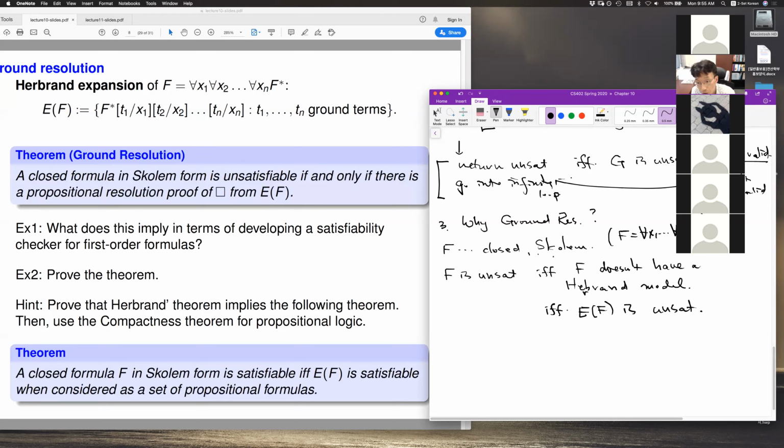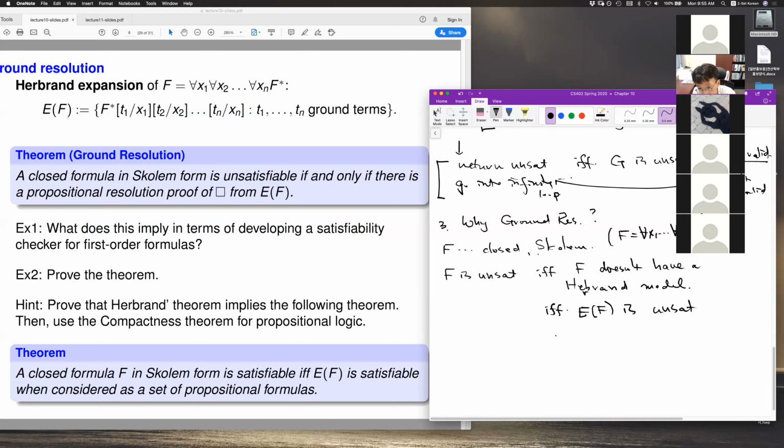Okay, so the Herbrand expansion of F is unsatisfiable. They say the same thing as F doesn't have a Herbrand model. So it turns out they are the same thing. But now the expansion of F just consists of quantifier-free, closed, first-order logic formulas.